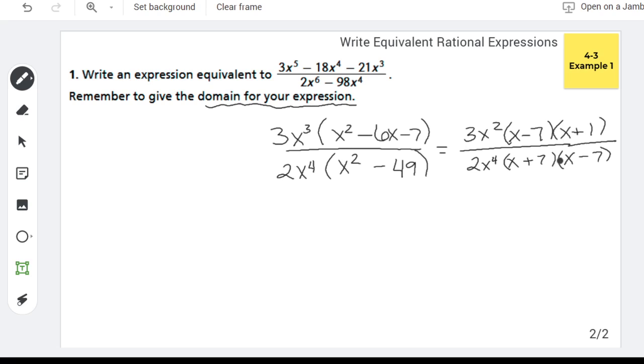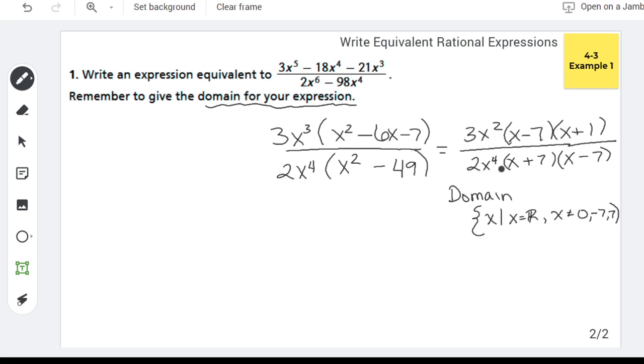So now here, I can do my domain, or I could state my restrictions. Alright, I'm gonna state the domain here. In this one, I'm gonna show it to you guys with set notation. So here I have all values of x, where x is a real number, but x cannot equal 0, -7, and +7.